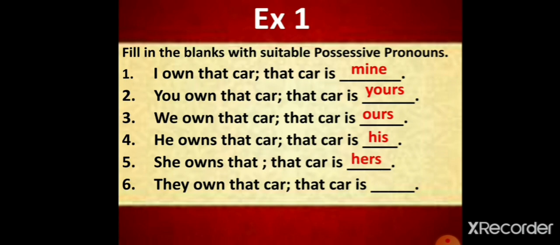They own that car. That car is theirs. So you can learn from here that I or my changes to mine, you changes to yours, we changes to ours, he changes to his, she changes to hers, and they changes to theirs, right?